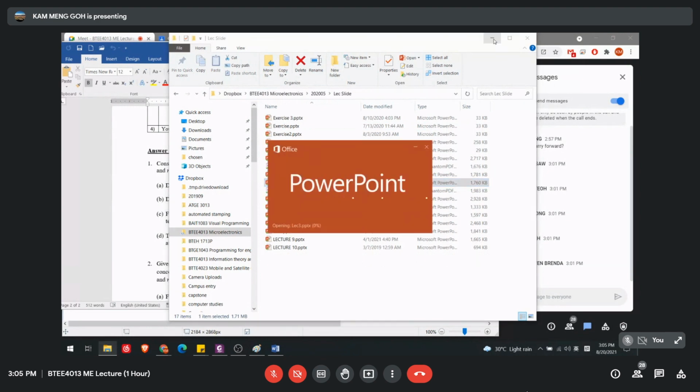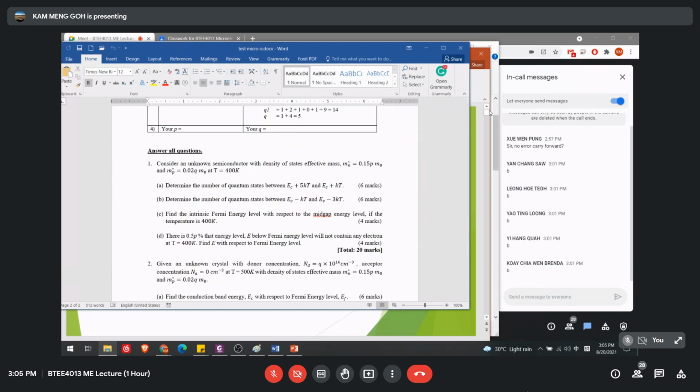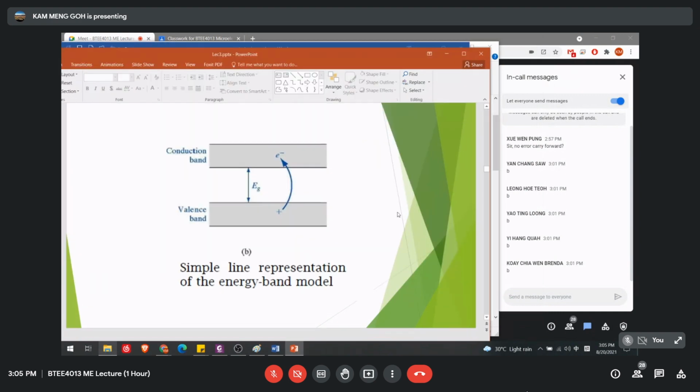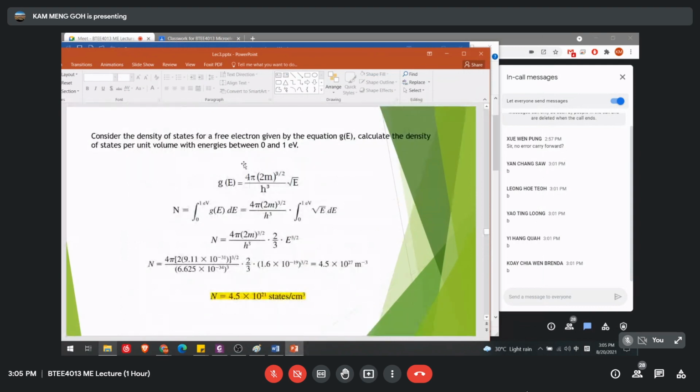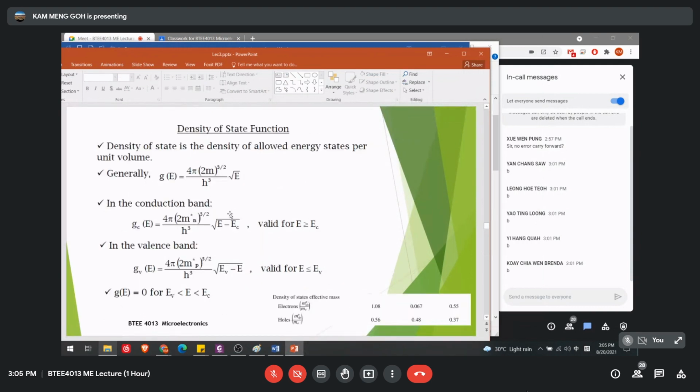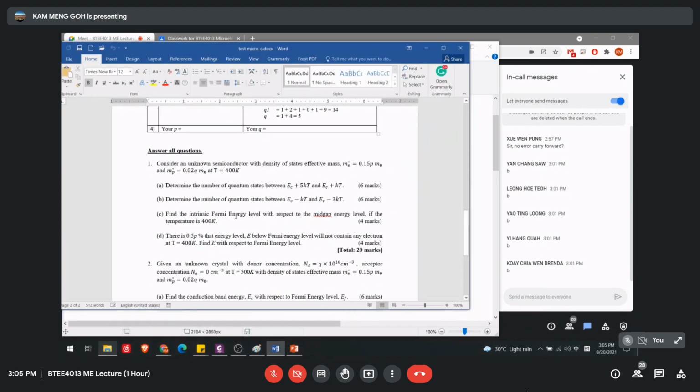This is the part where you know how to do it. For some of you, maybe you somehow separated this EV and E, but I will still give you marks, just deduct 1 mark. So this is the way we do questions 1A and 1B.